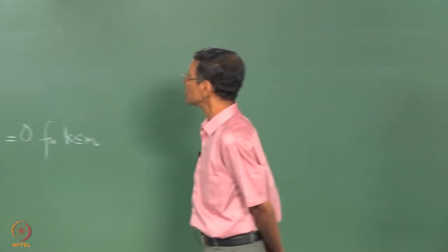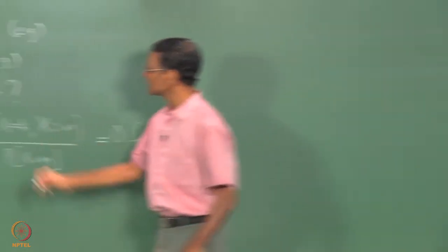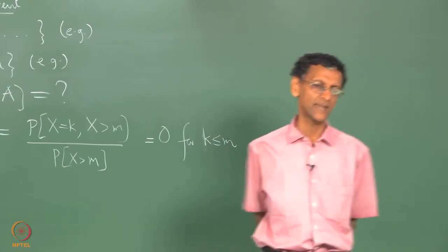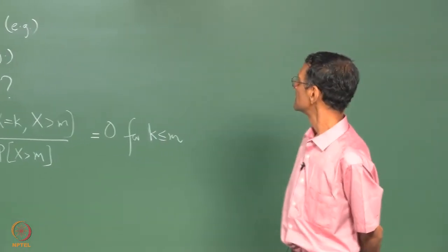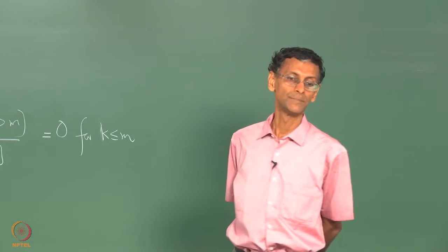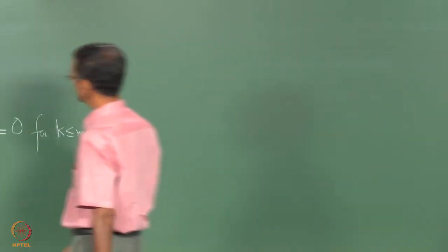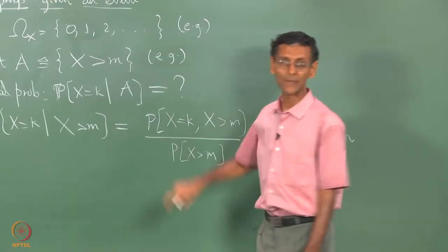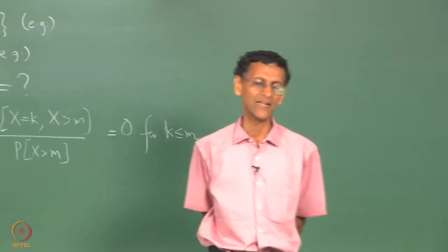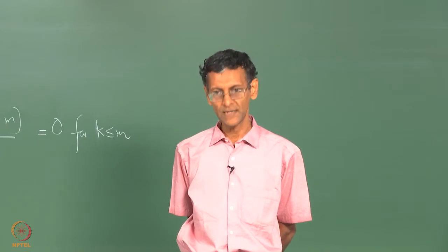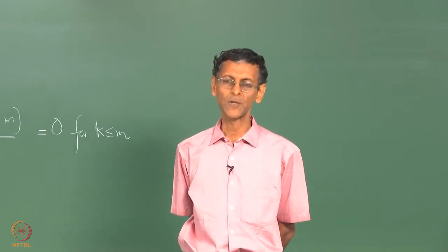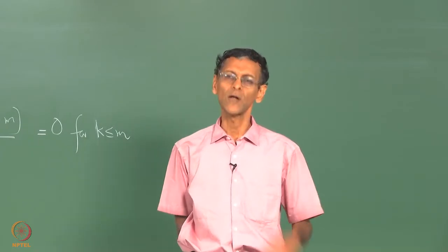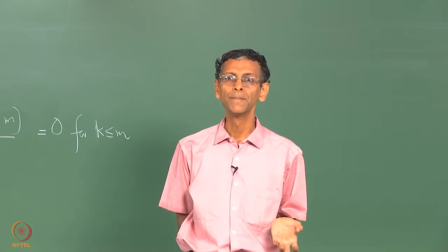So, what about the case that k is greater than m? In that case, it turns out that x equal to k is a subset of x greater than m. If you take k equal to m plus 1, m plus 2, whatever, you are only taking one value of k at a time.